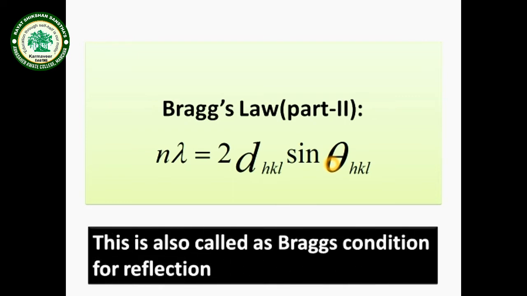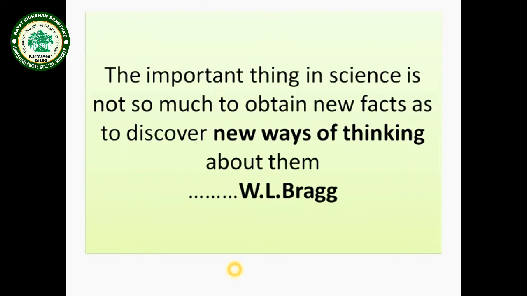In this analysis, he said that this condition is the condition for reflection. That is the significance of the idea of Bragg. And he said that in science, we are many times confused. We are trying to obtain new facts, but we have to discover new ways of thinking also.